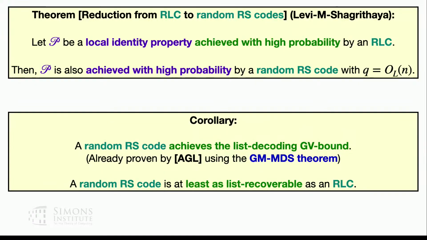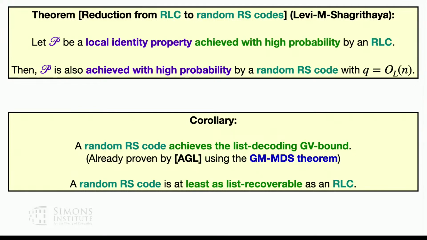So maybe I'm missing something trivial. It seems like if the list size grows, then Q grows. Is it because the gap to the GV bound also decreases or something like that? There are a few reasons you need Q to be larger, but I think the main one is in order to do this union bound over the number of types.